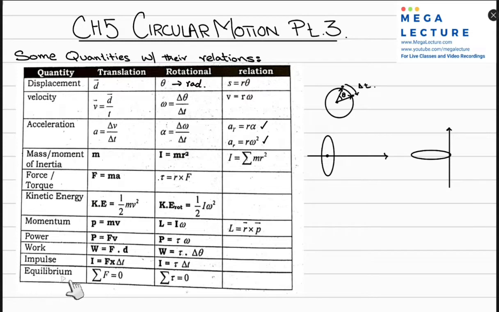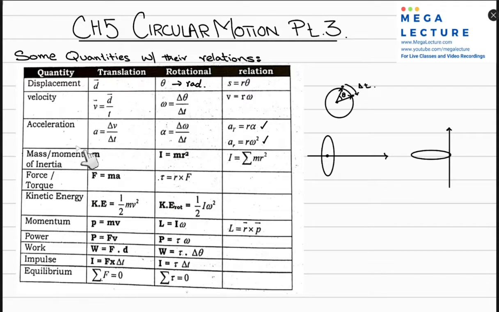The equilibrium condition in translational motion is defined as the sum of all of the forces acting on the system being set to 0, right? While in rotational motion, the sum of all of the net torque acting on the system should vanish, right? So if you think about this, it's quite easy to remember all of these expressions.